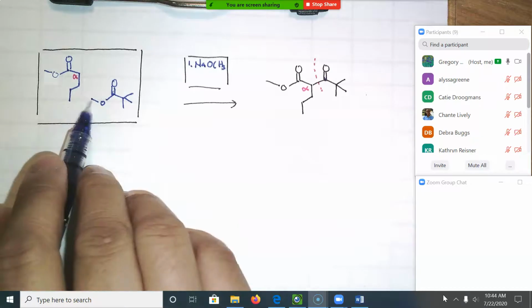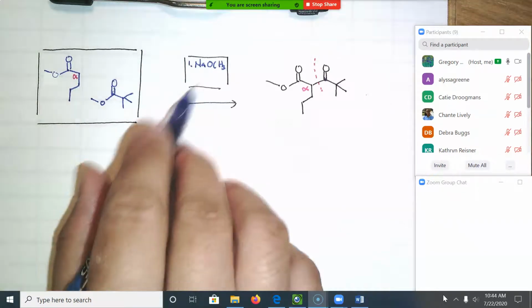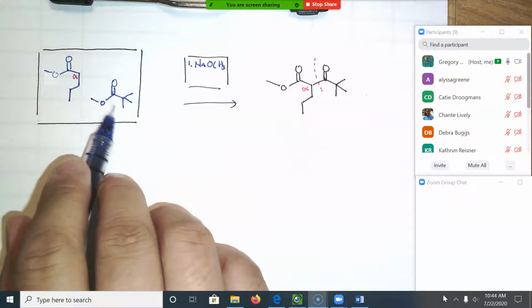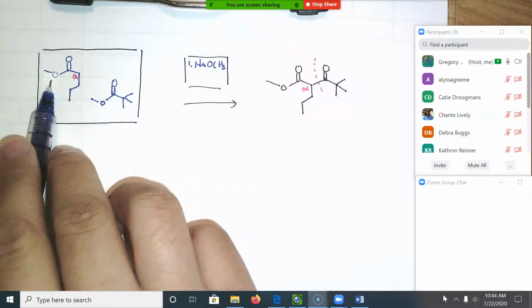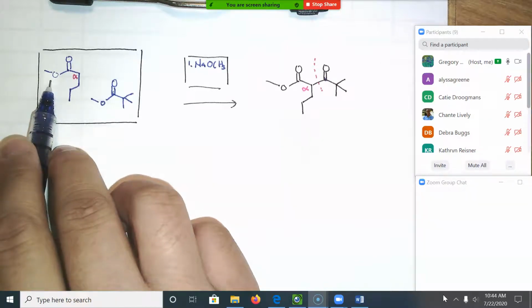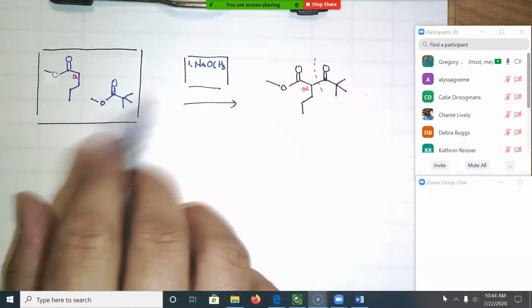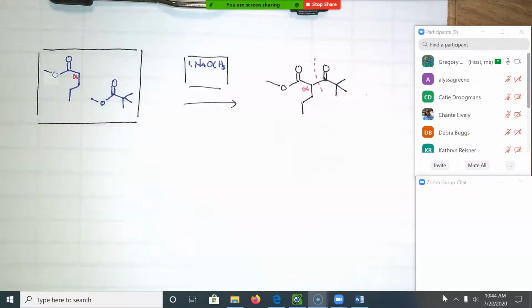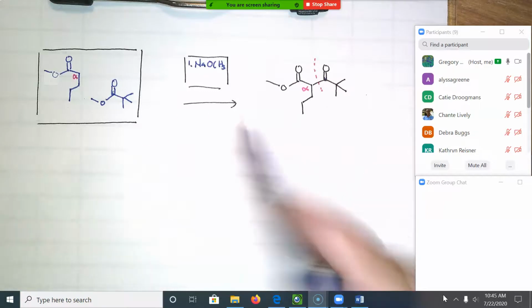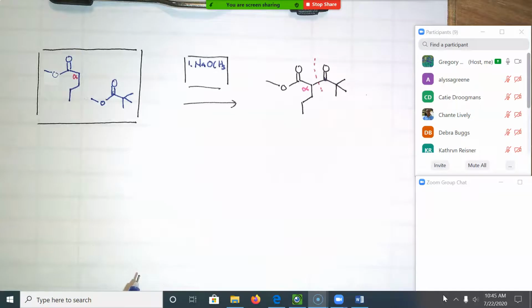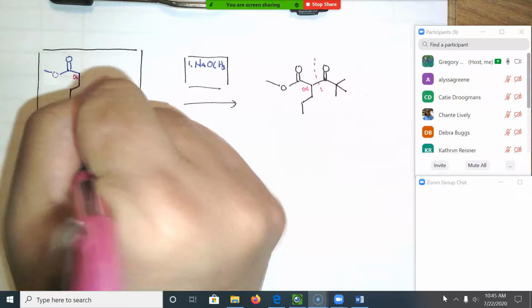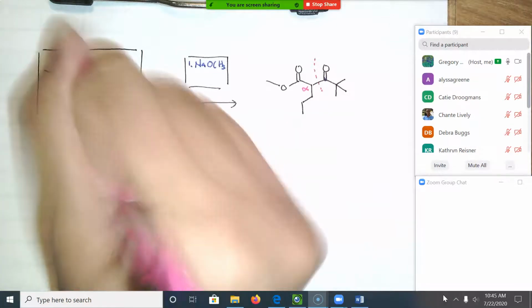If this was an O-ethyl, and this base accidentally kicks out that O-ethyl, that O-ethyl can replace this O-methyl, and you're going to get a complete mess. That's why I want to match everything, just in case we have these substitutions, these replacements. An O-methyl replacing an O-methyl is no big deal. Okay. This is called a cross-Claisen. It's a different kind of cross-Claisen than I showed, because both of them are esters still.